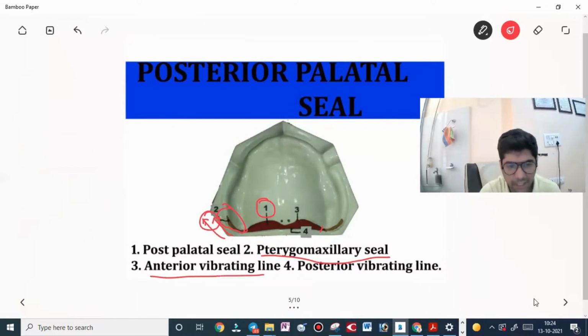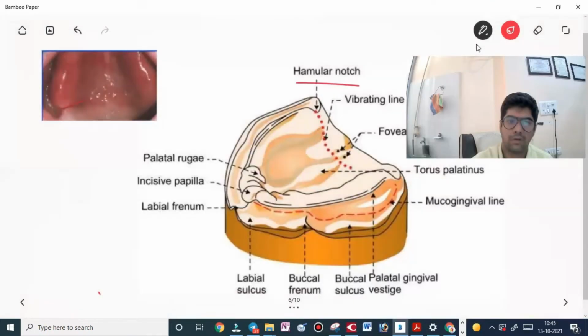This one, the third, represents the anterior vibrating line, and this is the posterior vibrating line. So that gives a shape of a cupid bow. So remember it from your entrance exam point of view. The shape of posterior palatal seal is like a cupid bow.